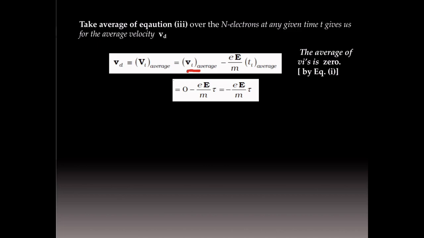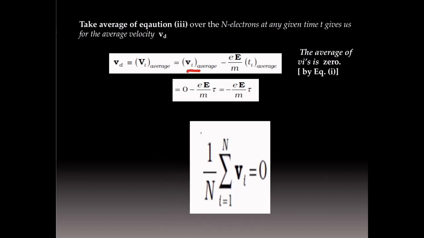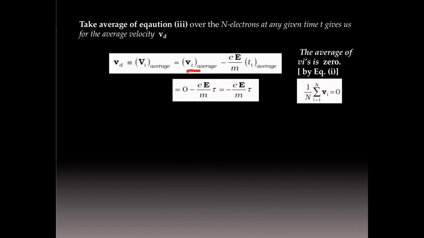So we will get Vd equal to minus eE by m tau. This is the expression for average velocity, that is known as drift velocity. So the drift velocity formula is Vd equals minus small e capital E upon m, into tau.